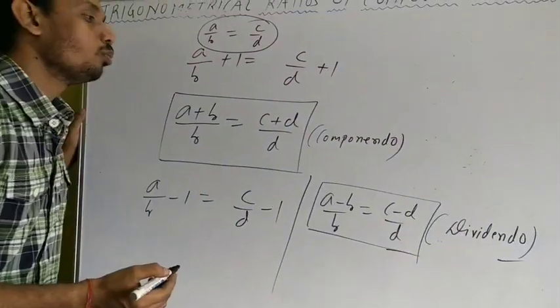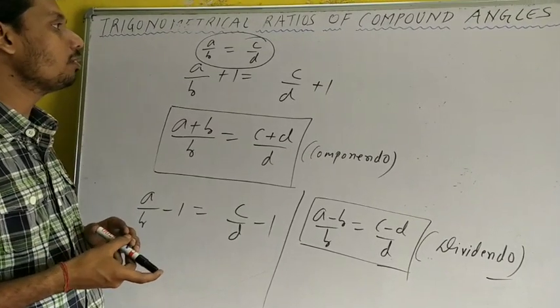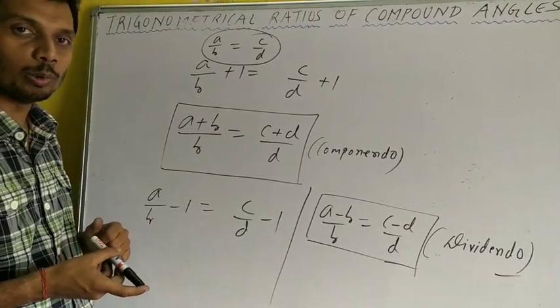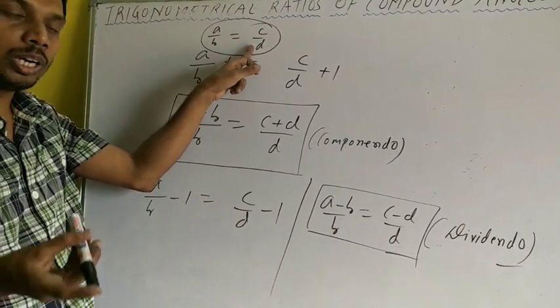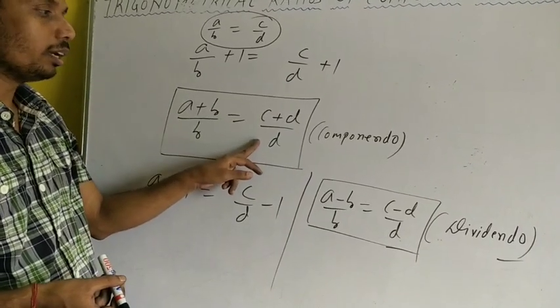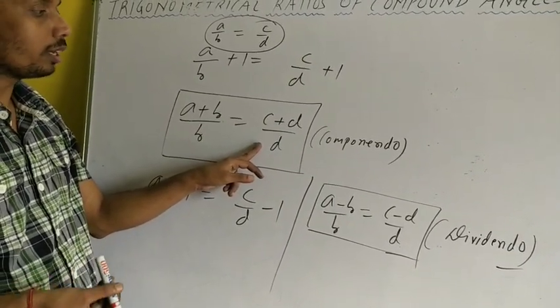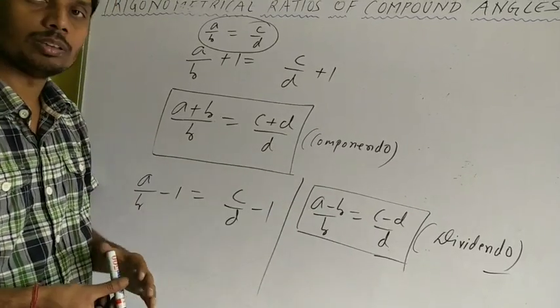So if the numbers a, b, c, d are in proportion, that is, if a by b is equal to c by d, then by componendo a plus b by b is equal to c plus d by d, and by dividendo a minus b by b is equal to c minus d by d.